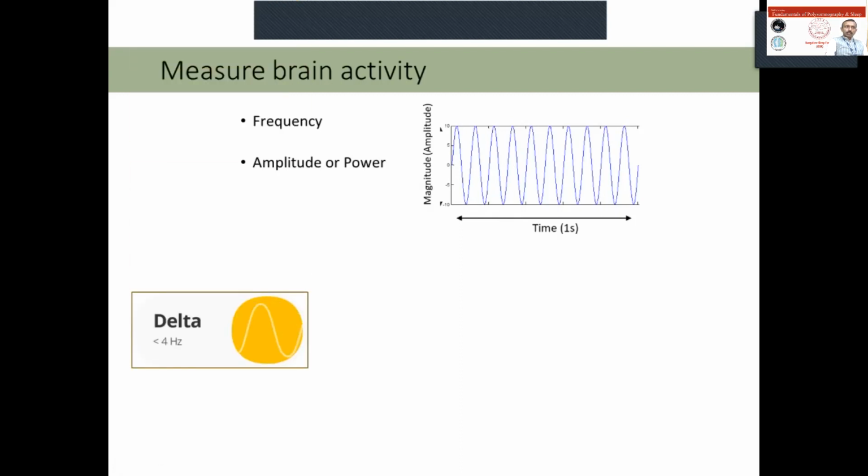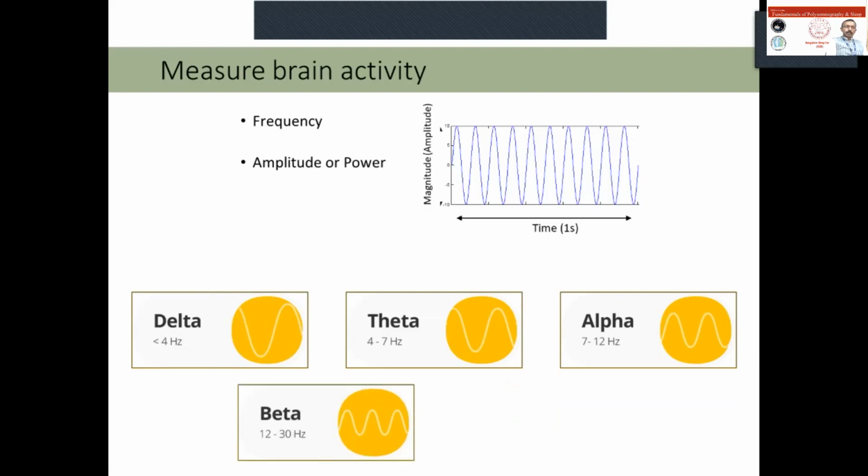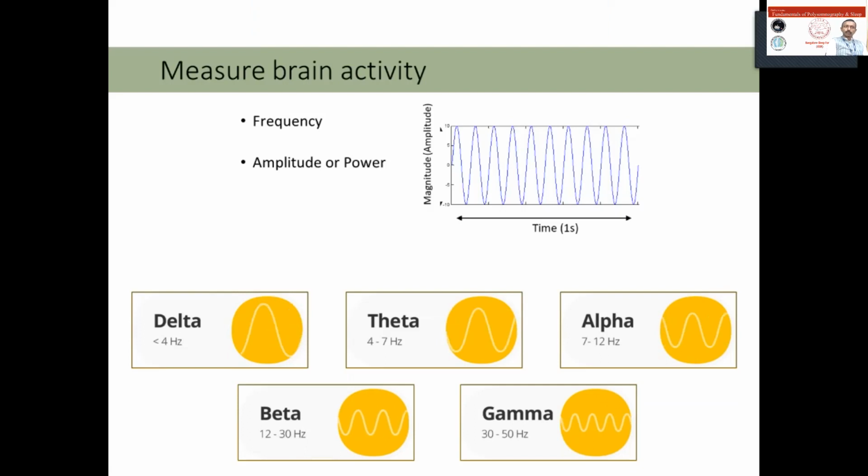So now coming back to the frequencies, we have delta, which is less than 4 hertz, theta, which is between 4 to 7 hertz, alpha, which is 7 to 12 hertz, beta 12 to 30 hertz, and gamma, which is 30 to 50 hertz. These are common not only for humans. You already heard in the previous talk, in animal studies also these parameters are there.